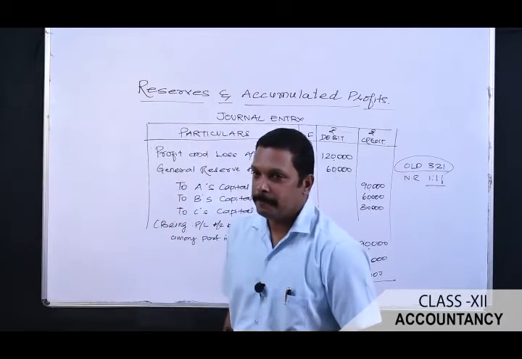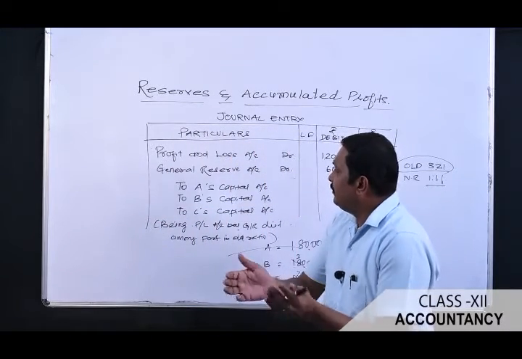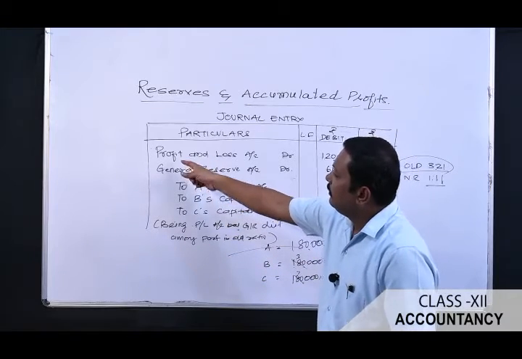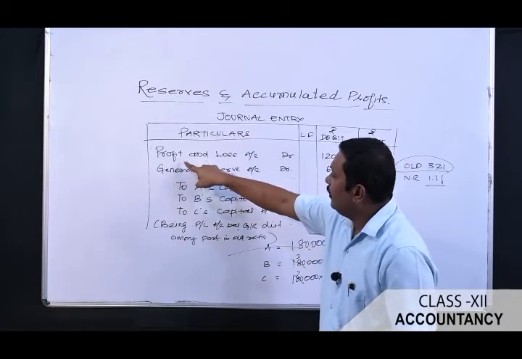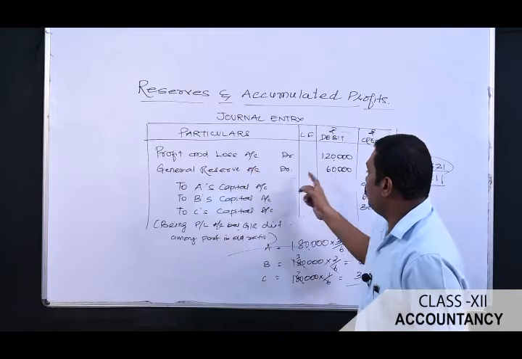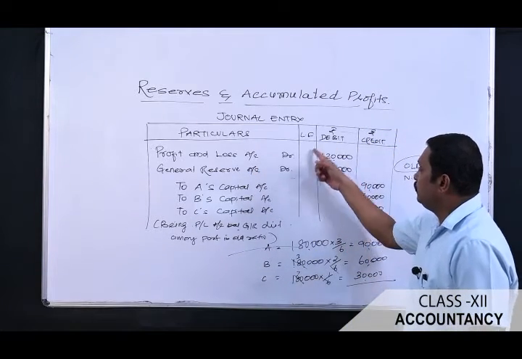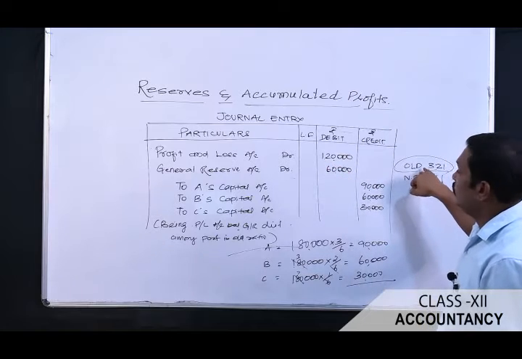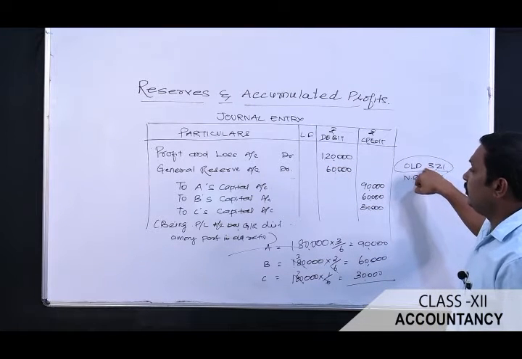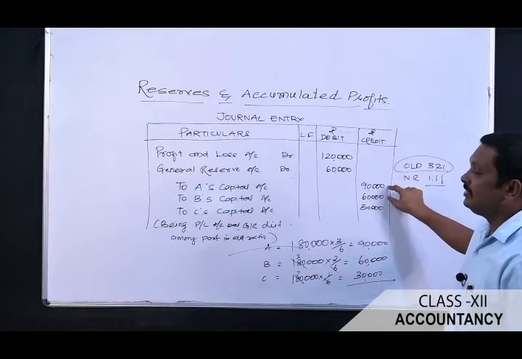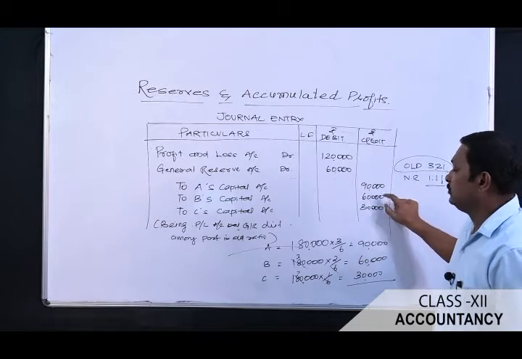Once again, what did we do? We debited the balances of profit and loss account and general reserve account. We have a total of 1,80,000 rupees. We distributed the 1,80,000 rupees in the old ratio. So A got 90,000, B got 60,000 and C got 30,000.